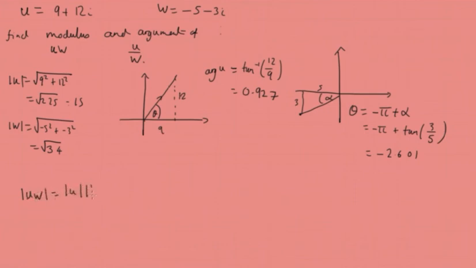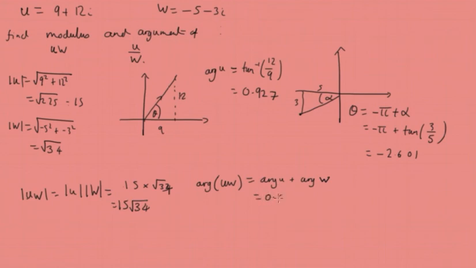So we want the modulus of uw, which is going to be the modulus of u times the modulus of w, which comes out at 15 times root 34, let me just write that as 15 root 34. And we want the argument of uw, which is just going to be the argument of u plus the argument of w.